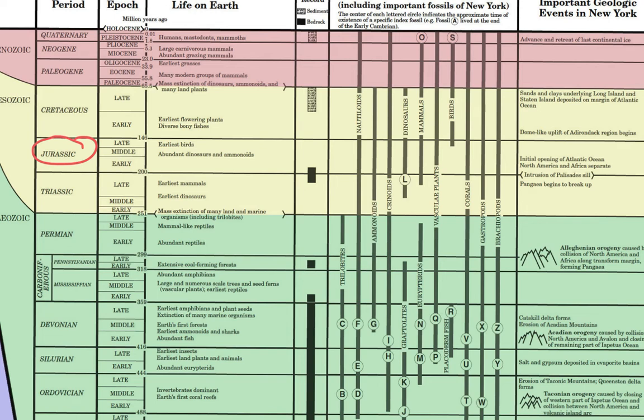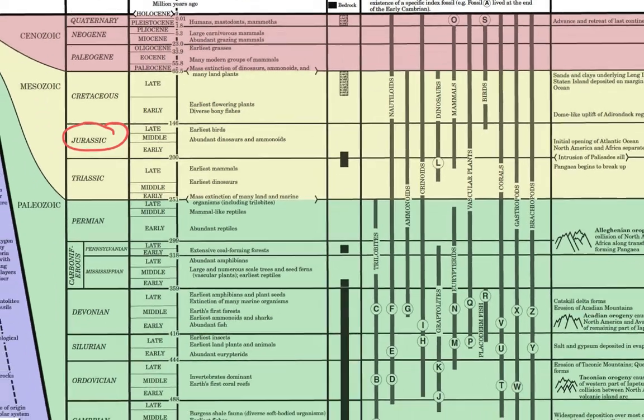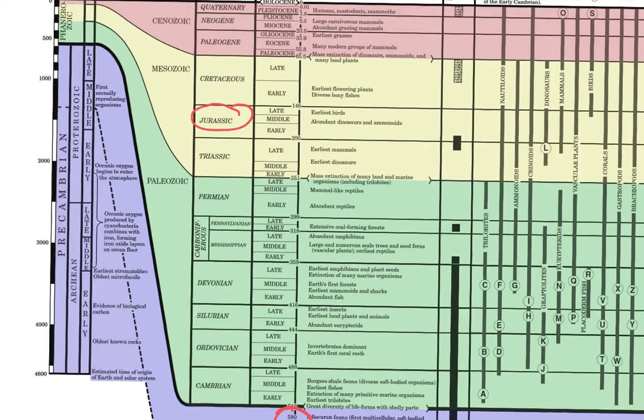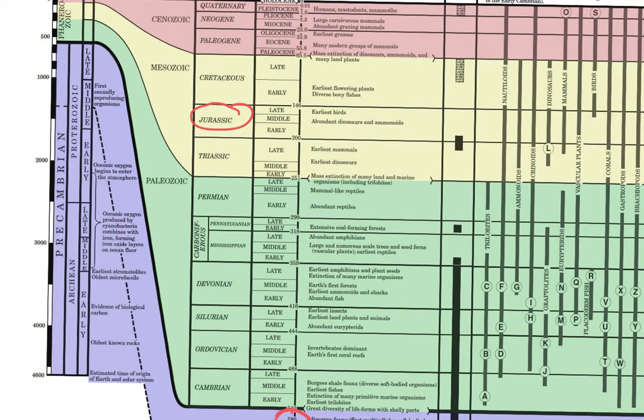And then number 3 is the first sexually reproducing organisms appeared on Earth. So I'm going to have to find that probably here in our Life on Earth column right here. First sexually reproducing organisms. Where is that? Well, these things are all sexually reproducing. Fishes definitely sexually reproduce.